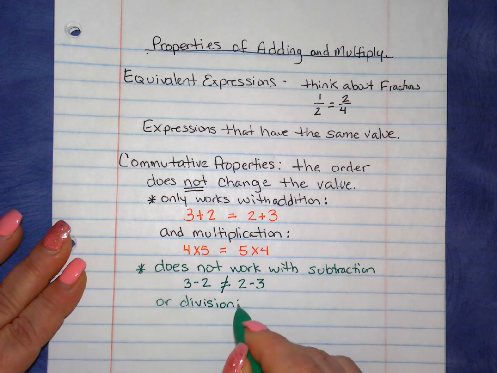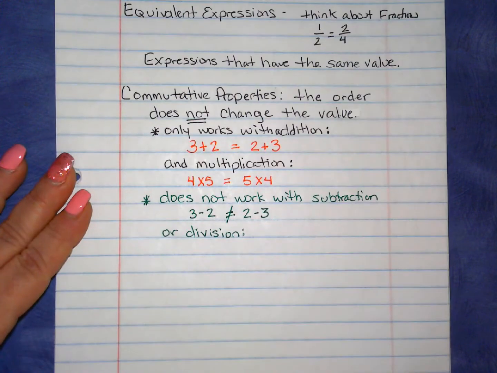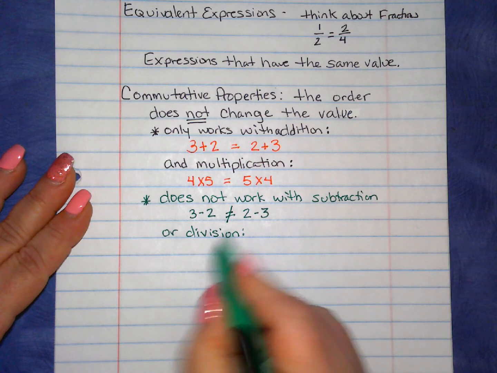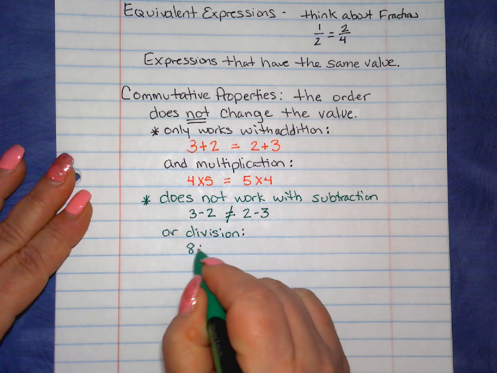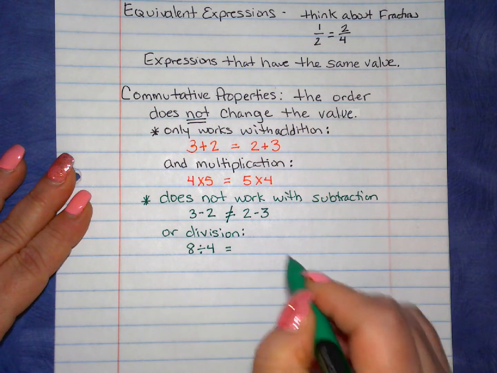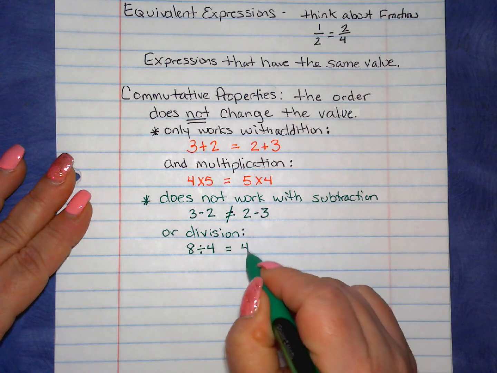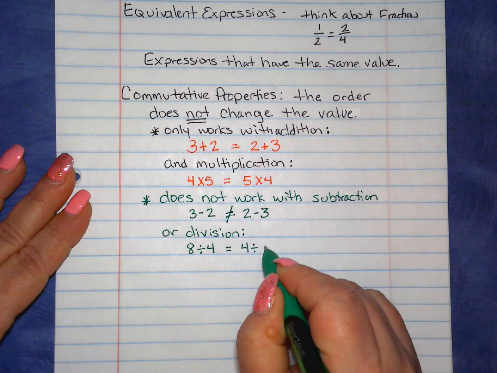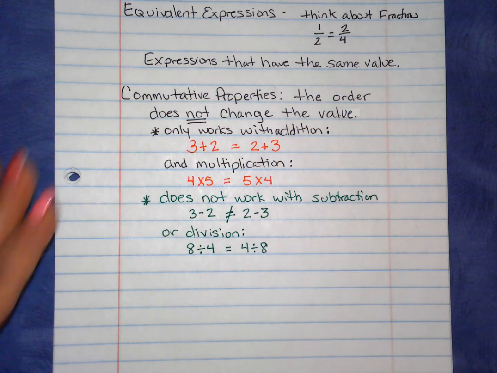For instance, if I say 8 divided by 4, you know that the answer is 2. But if I say 4 divided by 8, is it 2? Nope.